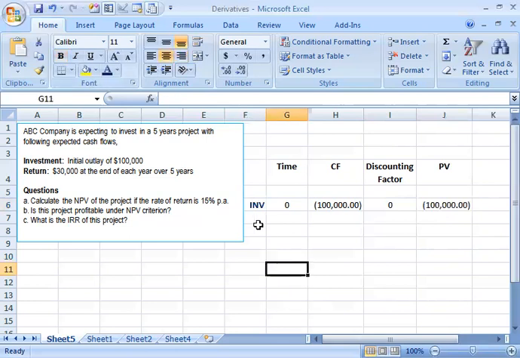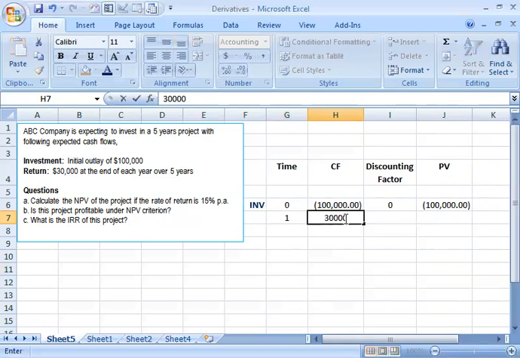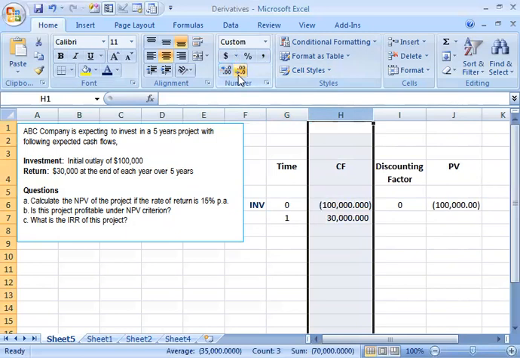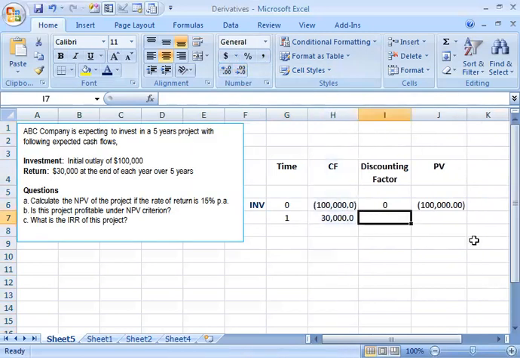So what about the return cash flows? At the end of the first year, we are expecting a return of $30,000. And what about the discounting factor?